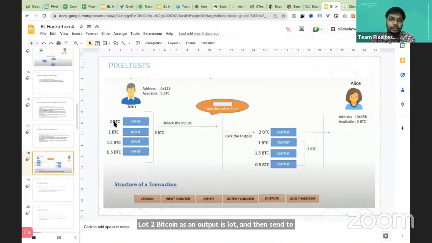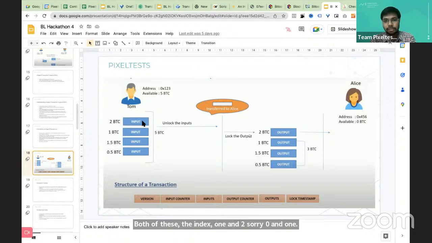Just in case he wanted to send 2.6, he does not have a 2.6 Bitcoin input directly available. So he has 2 inputs, 2 and 1 Bitcoin, at index 0 and 1. So index starts from 0.